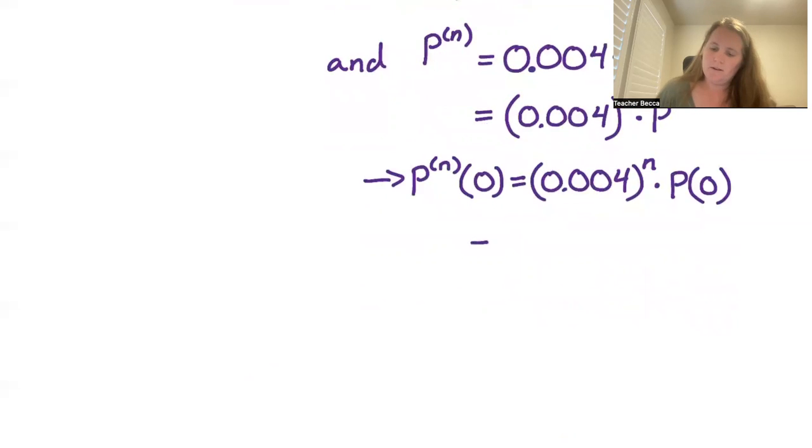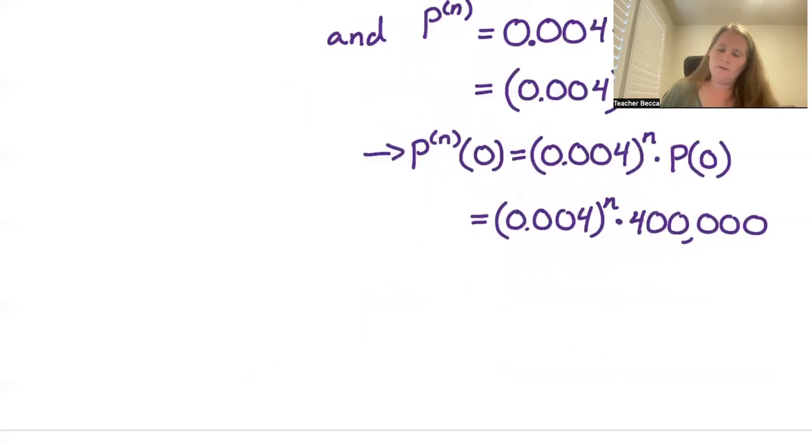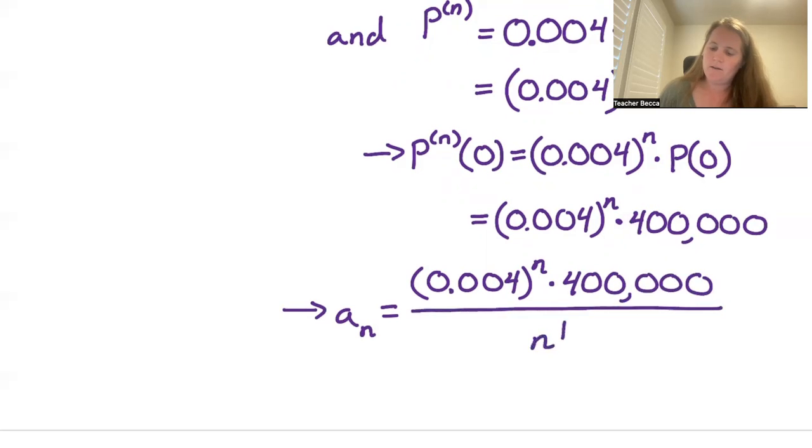Or in other words, 0.004 raised to the n times 400,000. And so we would wind up getting that our a sub n is 0.004 raised to the nth power times 400,000, all divided by n factorial.